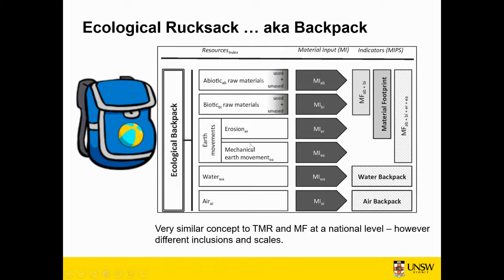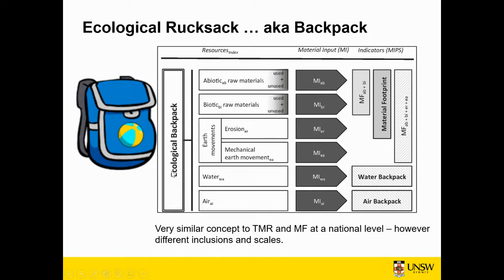And then another scope would be to account for, again, all the hidden flows. So this will be the erosion and all the movements, all the overburden and all the disturbance in the environment related to the extraction of these materials. So this would be, more or less speaking, a total material requirement.